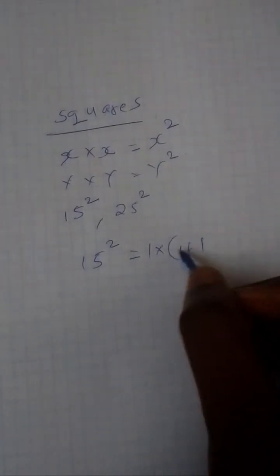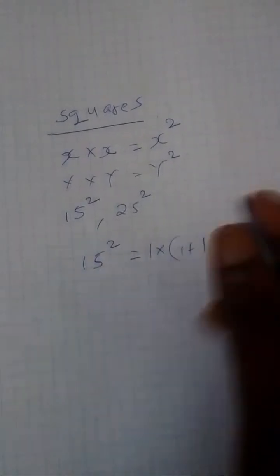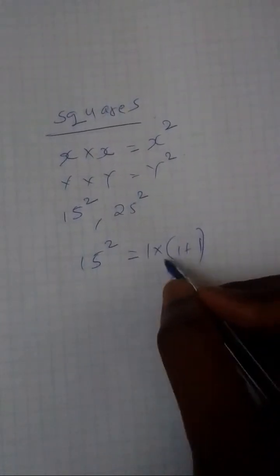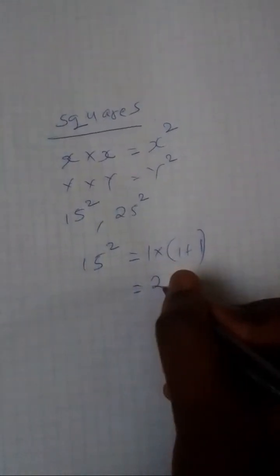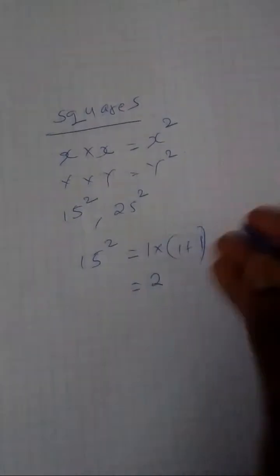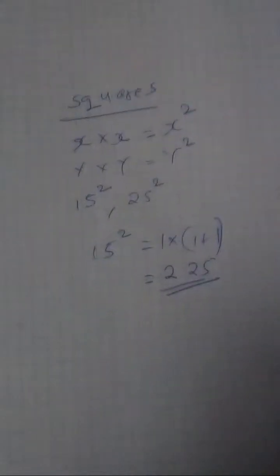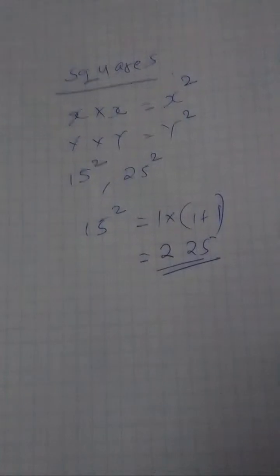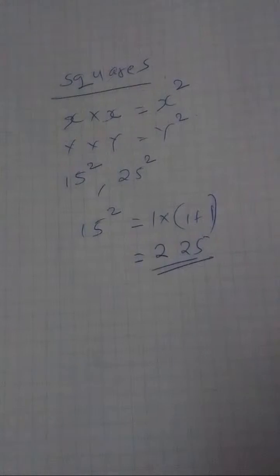It's a rule, we automatically add 1, then we close the bracket. So 1 plus 1 is 2, and 2 times 1 is 2. So the answer is 2. Then this 5 we square by itself, 5 squared is 25. So 15 squared becomes 225. That is how we simply work them out.